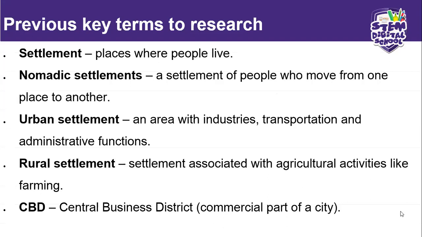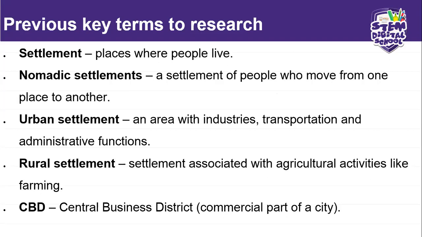And what about CBD, Central Business District? CBD stands for Central Business District. This is the commercial part of a city. In the city center is called CBD, Central Business District.